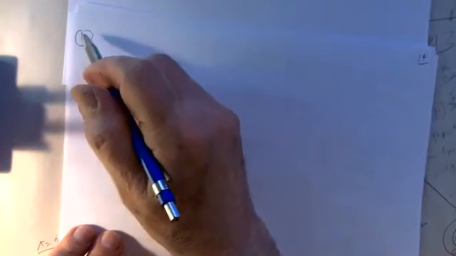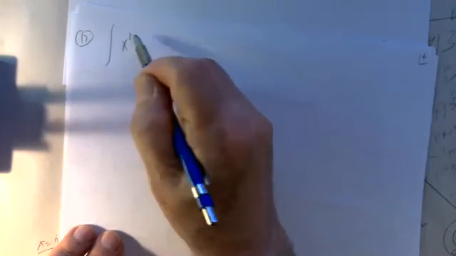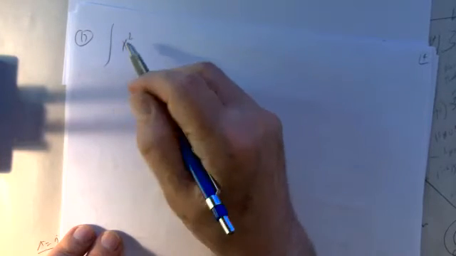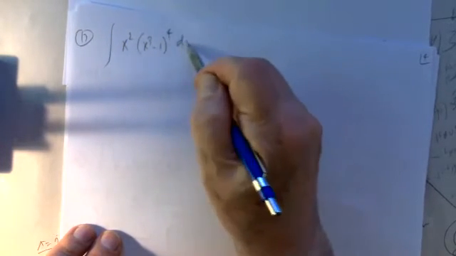So if you understand the problem I just did, then what I do now will be easy, and if not, not. The next problem is number 17: the integral of x squared times x cubed minus 1 to the 4th dx.